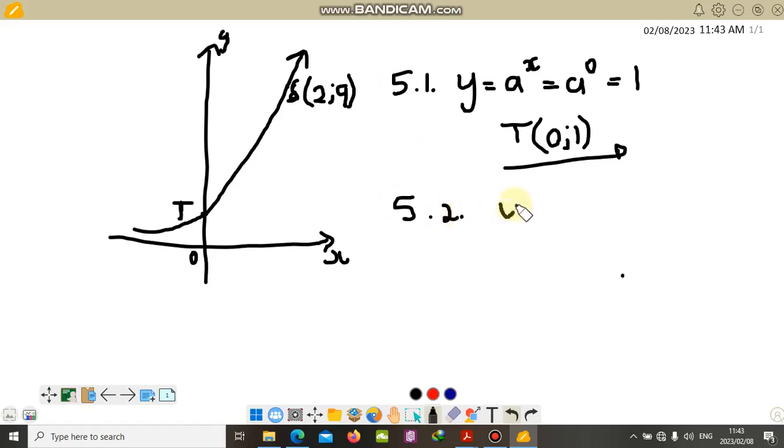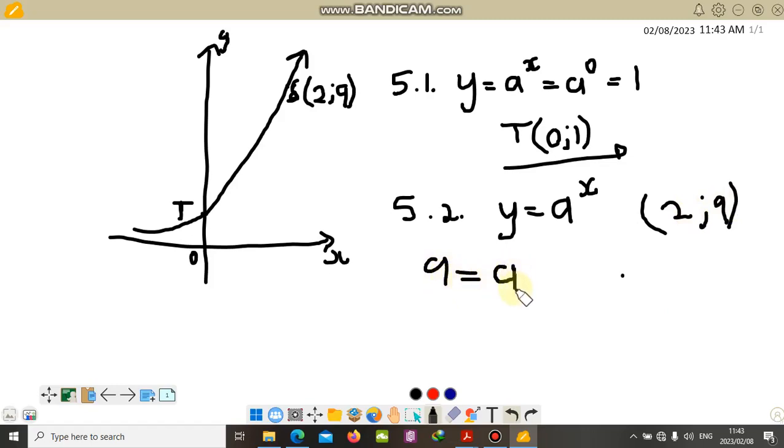So y is equal to a to the power of x, and then we have a coordinate that we use to substitute, (2, 9). So I'm going to substitute that coordinate. I'll substitute y as 9 equals a to the power of x, which is 2. Now it's just a matter of solving for a.